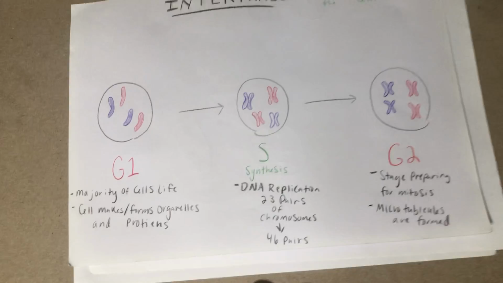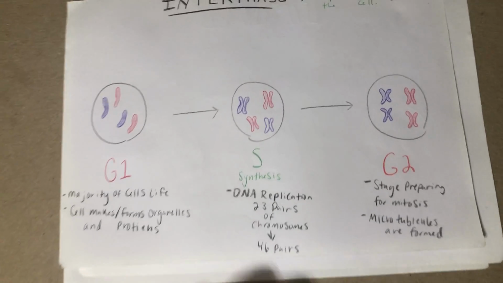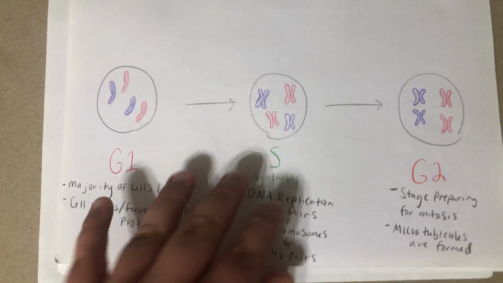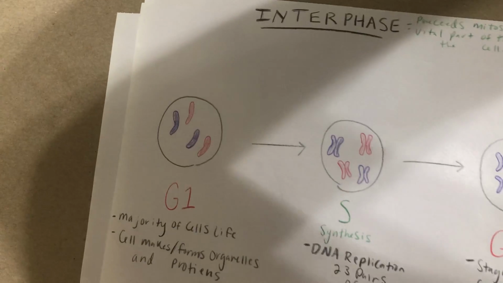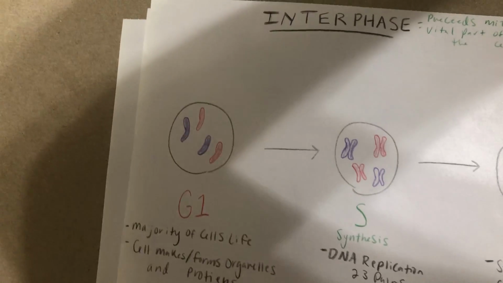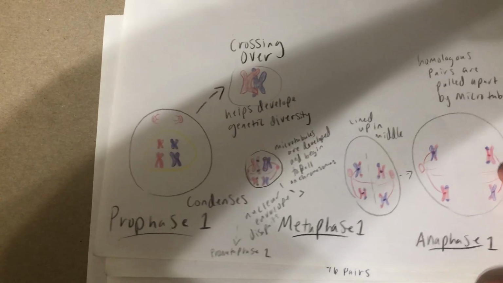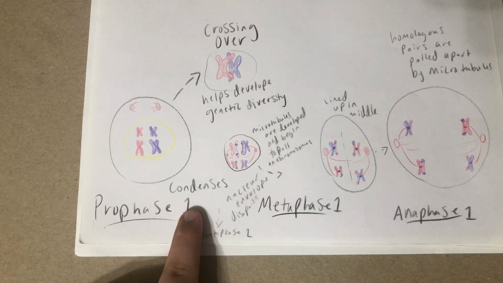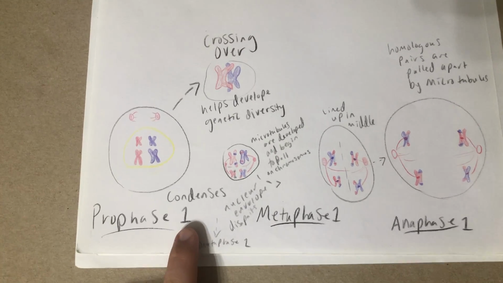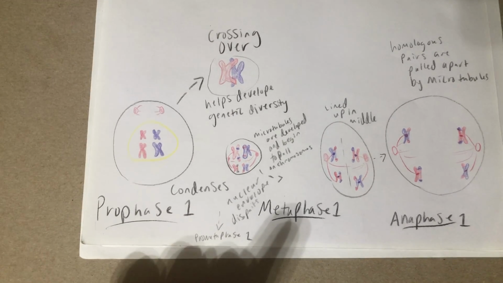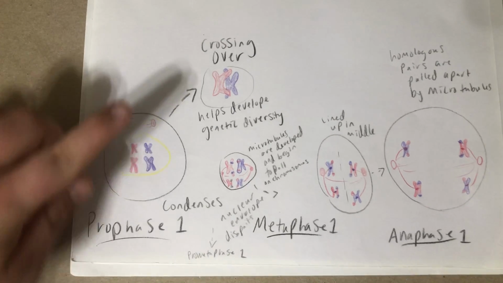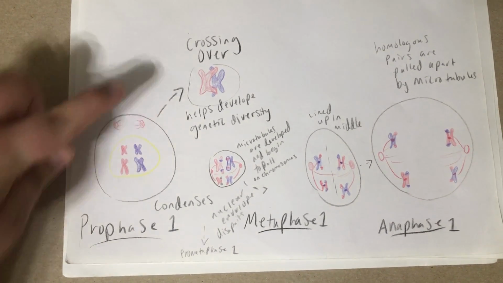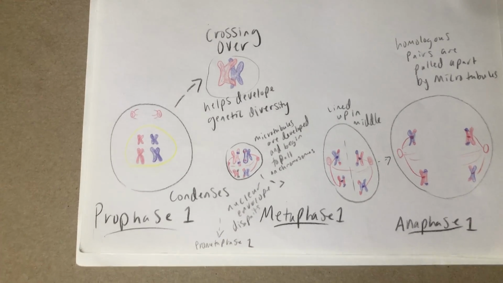After interphase, we enter prophase 1, and in meiosis, we separate the phases because they undergo two different types of division. Prophase 1 is another condensing stage, but a key thing that occurs in meiosis is known as crossing over, which helps develop genetic diversity.